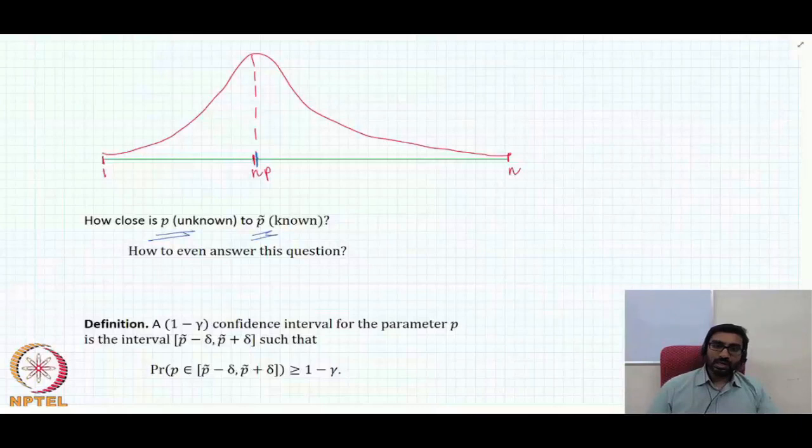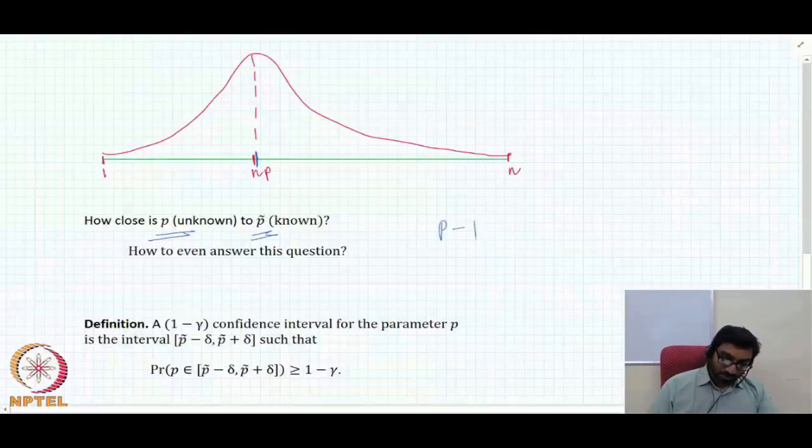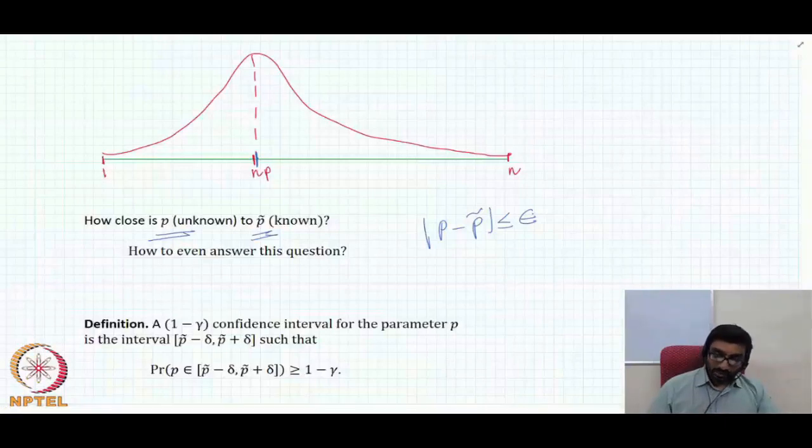For example, if we want p and p tilde to be very close to each other, so the difference is at most some epsilon, so let's say we want the absolute value of p minus p tilde to be at most some epsilon. This is great, but there is always going to be some probability with which such an inequality is going to be violated. So requiring such a guarantee is not necessarily a good thing.